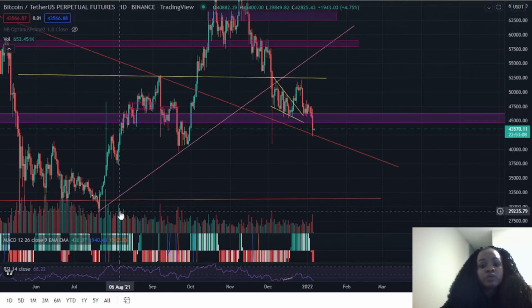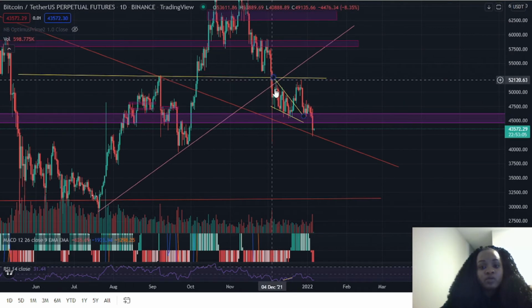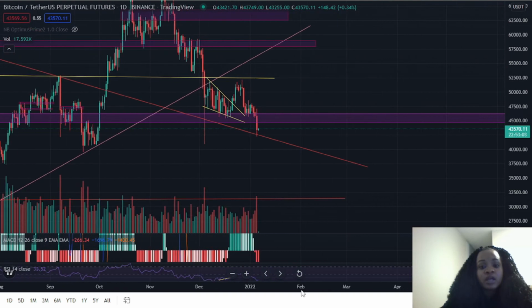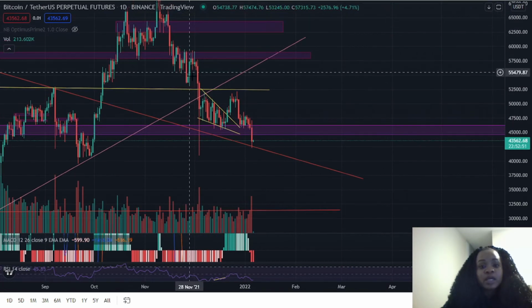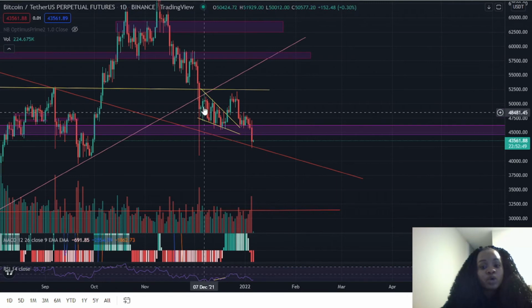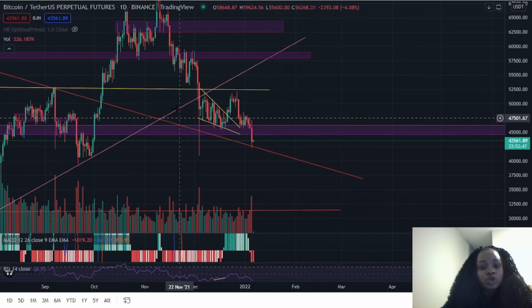So I can see here we went uptrend, and then we broke down from that uptrend, and now we started a downtrend. This is confirmed here on the daily time frame, okay, because we are creating lower highs. Okay, whenever price starts creating lower highs and lower lows, that is a downtrend sign.